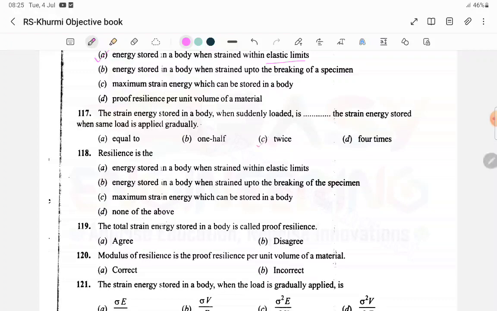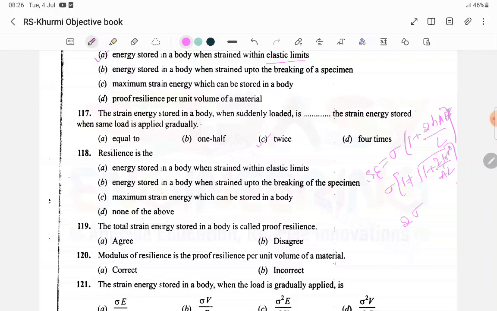It is twice. Because what is the strain energy formula? It involves P by A, into stress, into 1 plus under root of 1 plus 2H by A E L, something like that. There is that formula. So if H is 0 also, 1 plus 1, 2 sigma will be there, so twice it will be there.